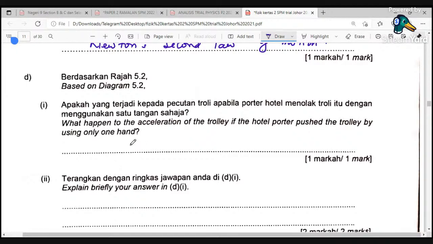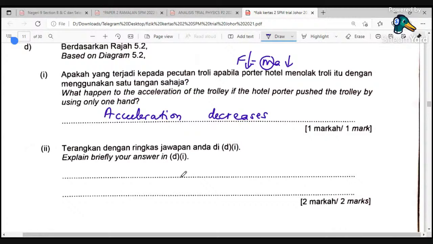Based on diagram, if I push the trolley by using one hand, means decrease the force applied. So F equals to ma. For same mass of load, decrease the force, so a decreases. Explain briefly your answer, 2 marks.